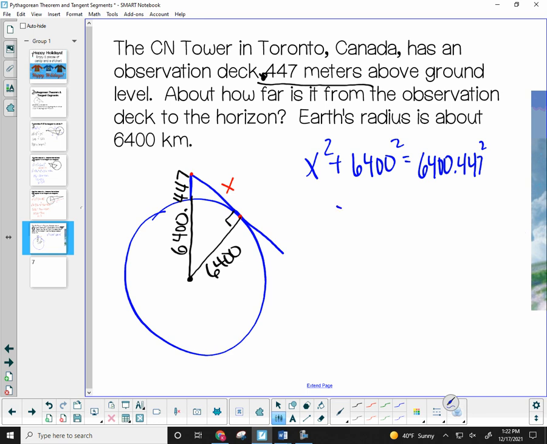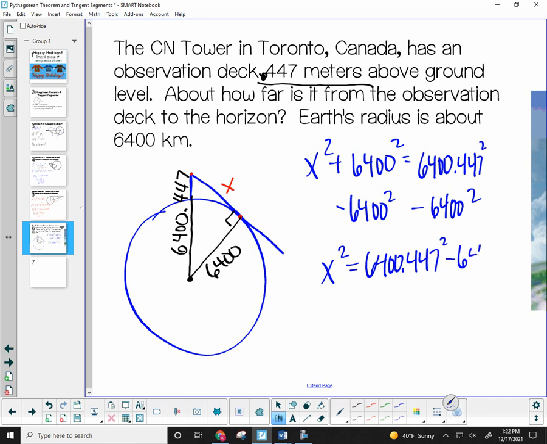Keep in mind, I would be subtracting 6,400 squared from both sides. So in my calculator, I would automatically type in 6,400.447 squared minus 6,400 squared. I don't figure out what 6,400 squared is ahead of time, because I don't want to have to write that huge number or round it or anything.